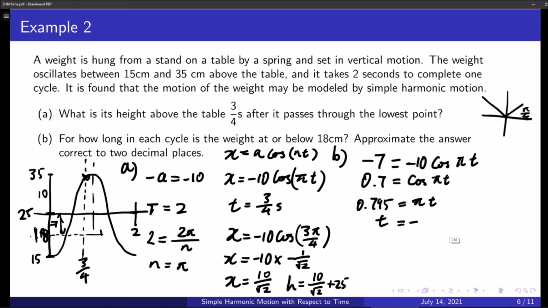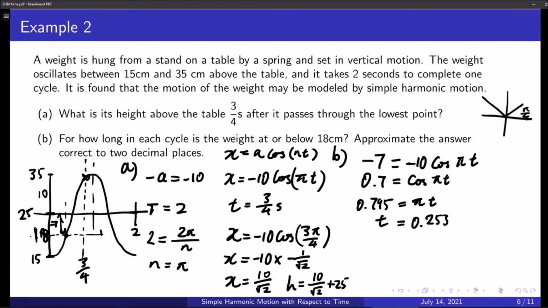Positive, my bad. So 0.795 divided by pi is 0.253. Okay, so it's basically here.